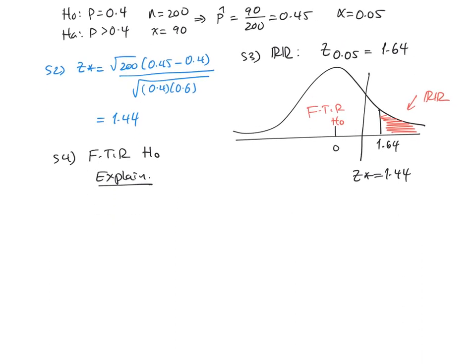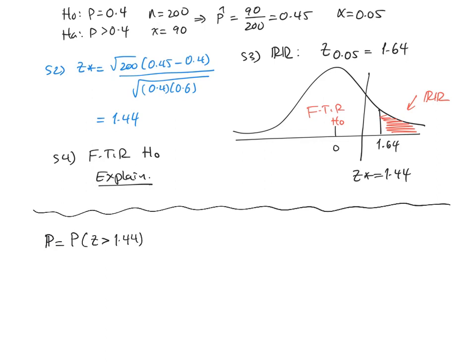Okay, so what about the p-value? So remember the p-value is going to be the probability that z is greater than 1.44. So this is just what we've been calling all along the green area. So you have 1.44. You want this part. The table will give you this.